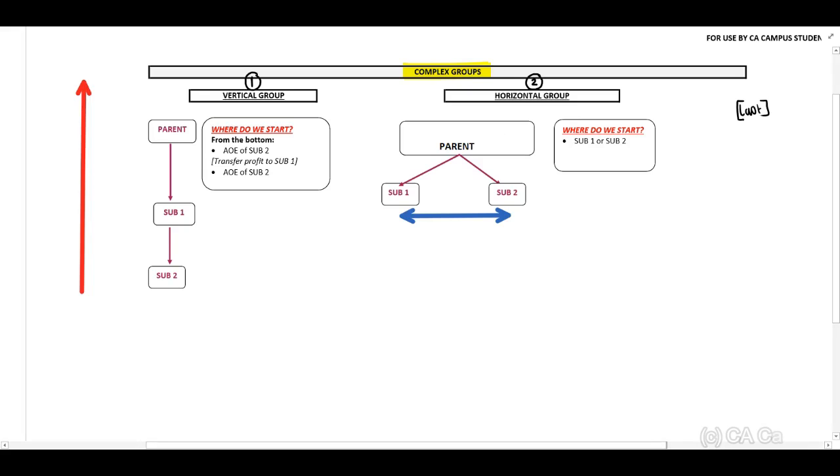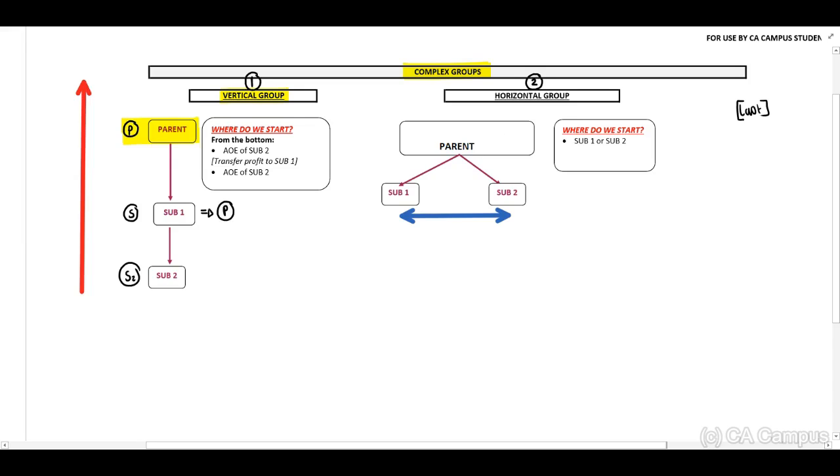When we look at vertical groups, we will have a parent that controls a subsidiary, and that subsidiary controls another subsidiary. Therefore, in this scenario, subsidiary 1 is a parent itself, and we will refer to this parent at the top as our ultimate holding company.